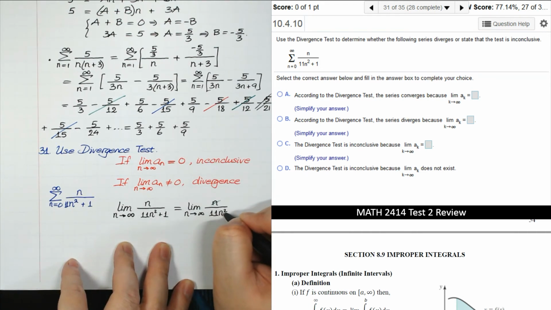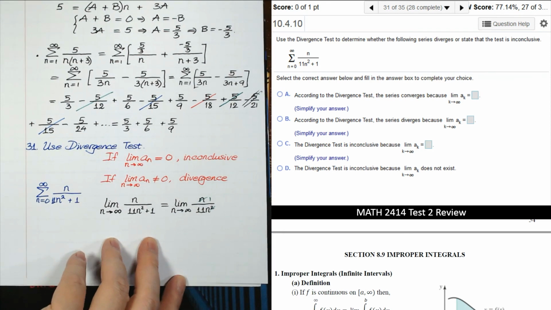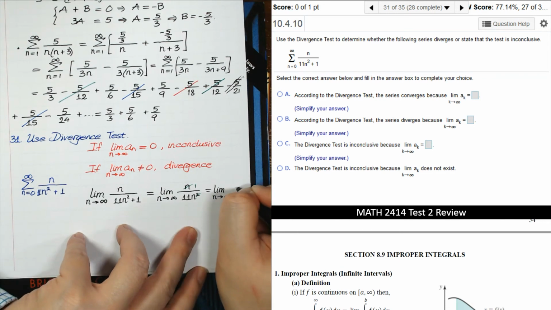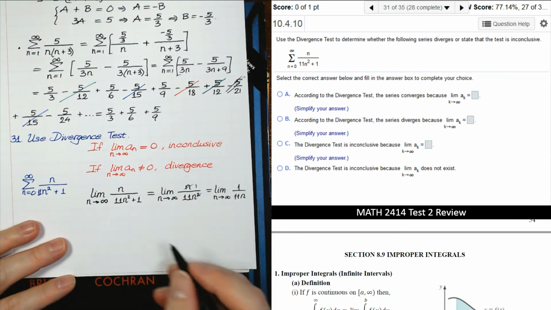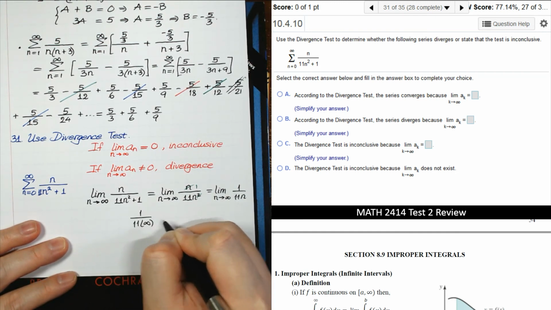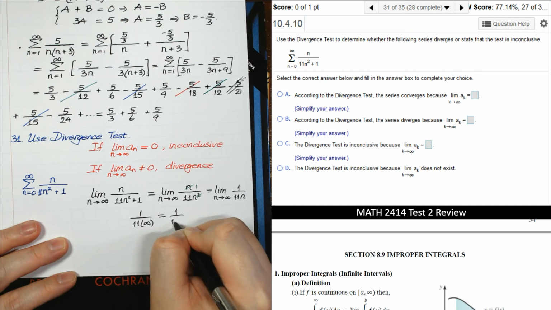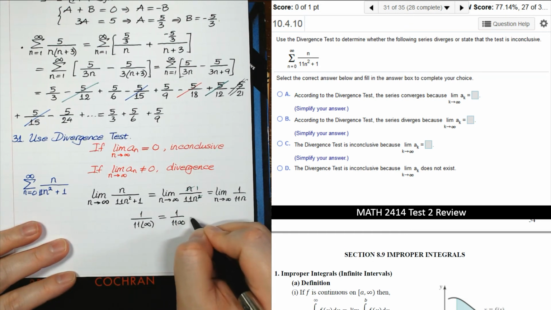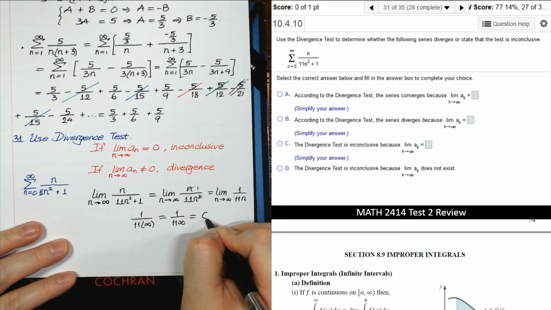And we cancel out the n. So we just have 1/11 times n. Now, when we put in infinity for n, 1 over infinity, finite over infinity is equal to 0.